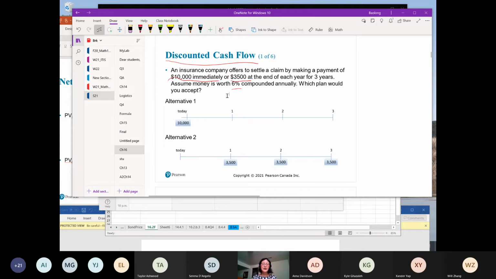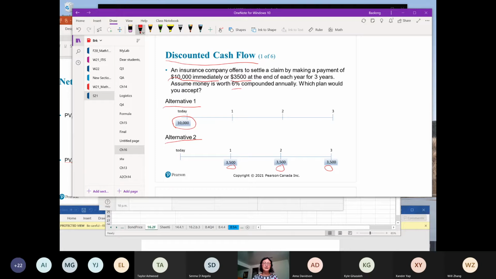So return back to this question. Okay, you have two alternatives. Alternative one, okay, you accept 10,000 today. Alternative two, you accept 3,500 for 3 years.